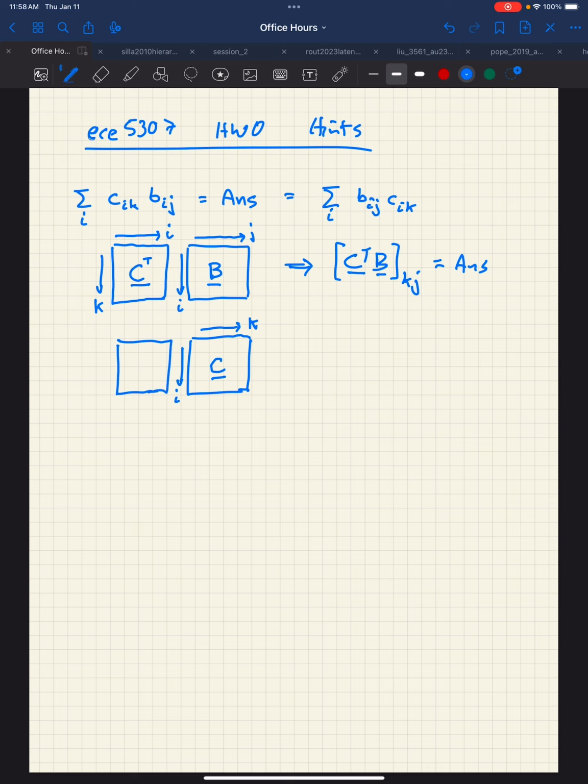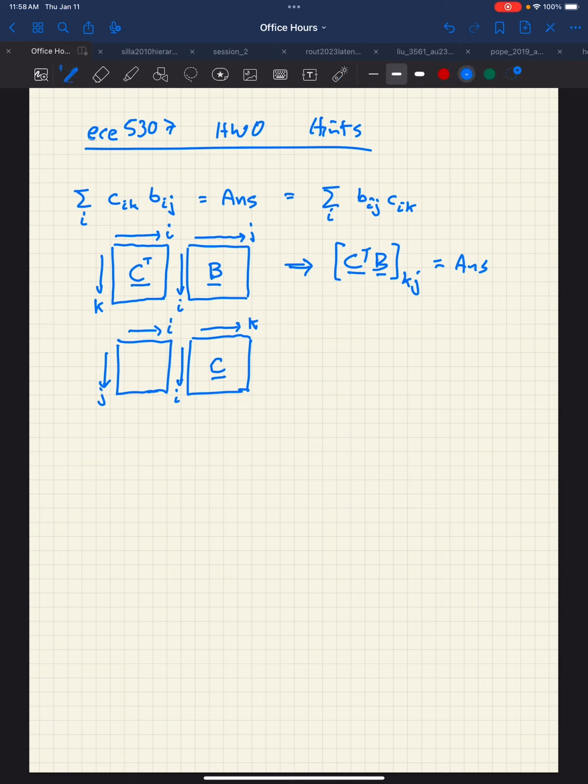So the way that B is defined on its own, we see that I comes down the rows. But we actually need I to go across the columns in order to match the other I. So I'm going to put I going this way across the columns, and then therefore the other index, which is J, that's the one that must go down the rows.